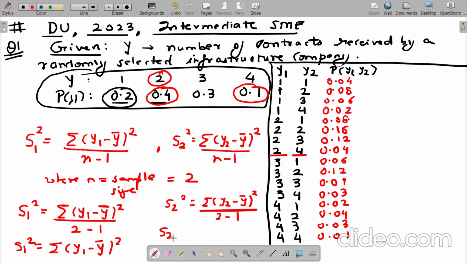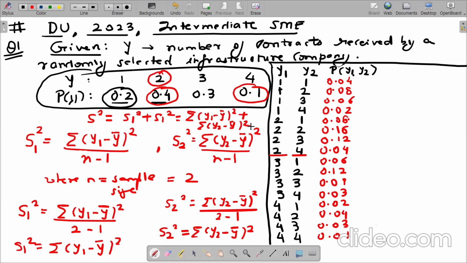So again, my S2 square is summation y2 minus y bar square. And the total sample variance S square will be the sum of the two sample variances, S1 square plus S2 square. That means it's going to be just summation y1 minus y bar square plus summation y2 minus y bar square.